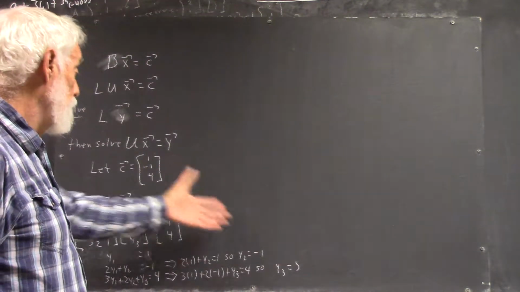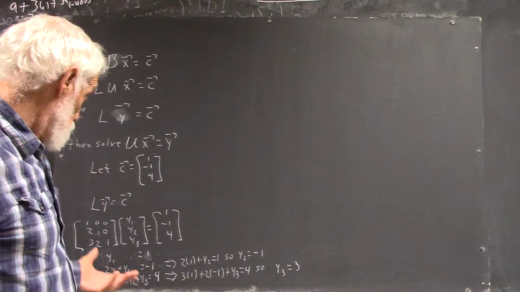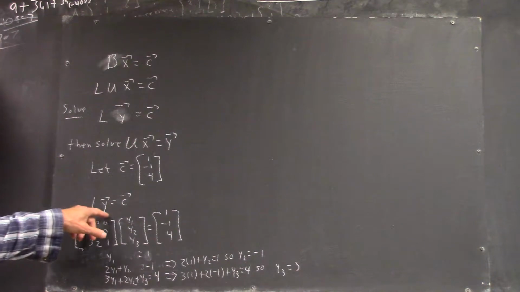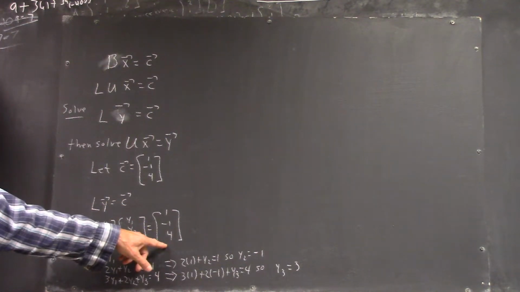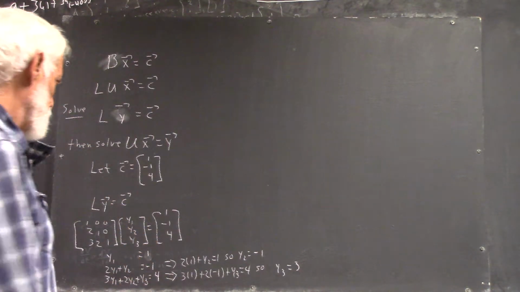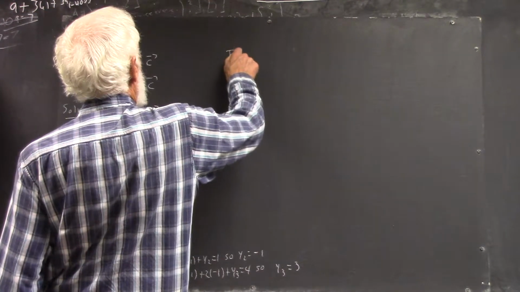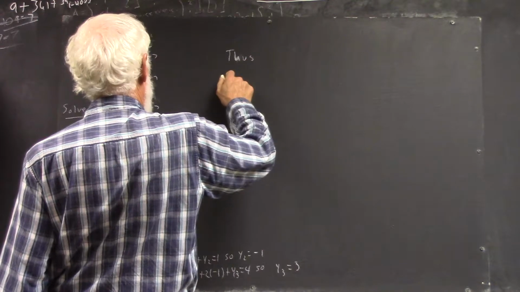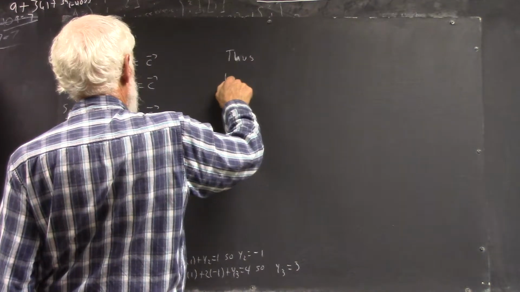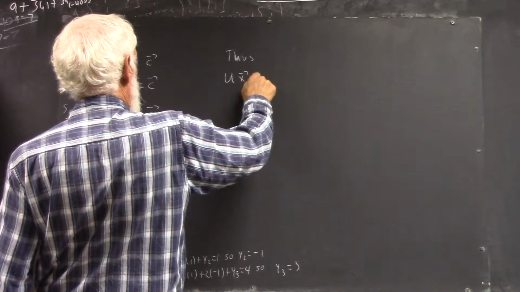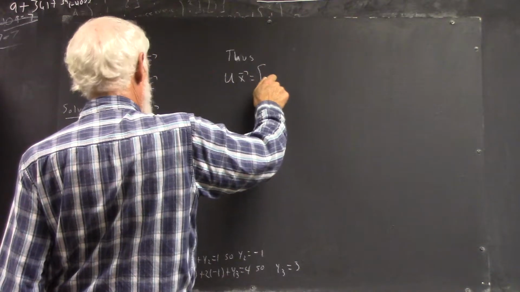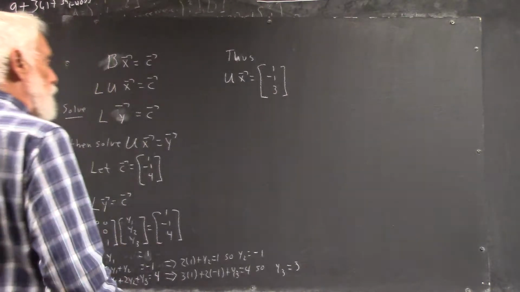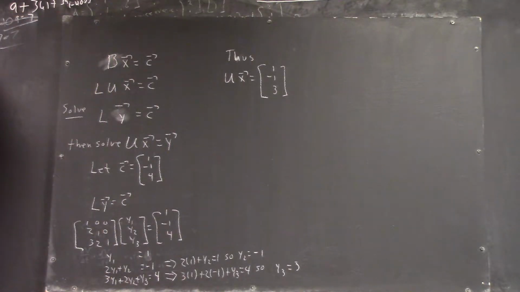Now, assuming that's right, we see that's what L has to multiply to give you this vector. Then Ux equals 1, negative 1, 3.